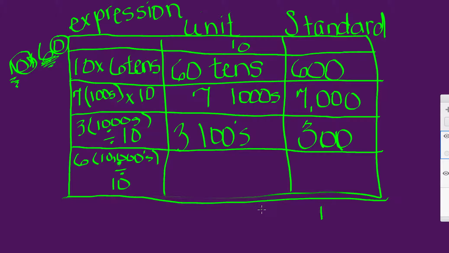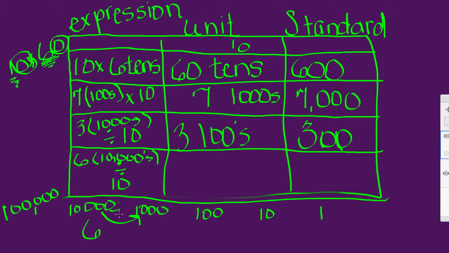So if you have 1, 10, 100, 1,000, 10 thousandths, you have 6 of those. And I'm dividing, so instead of getting bigger and going to the 100 thousandths, I'm getting smaller and moving them over to here by dividing by 10. So I now have 6 thousandths.